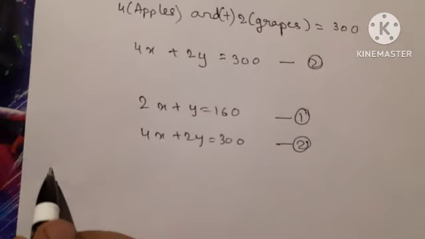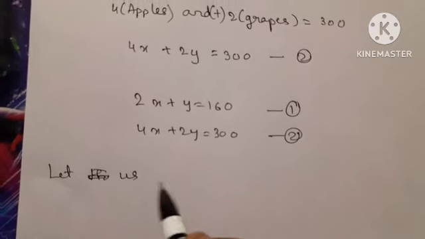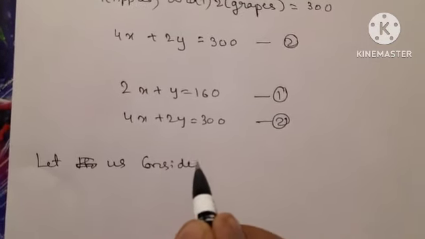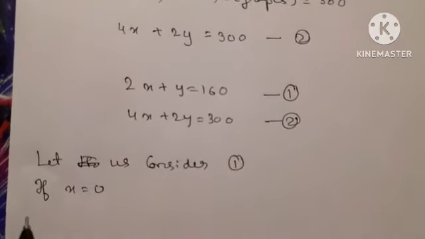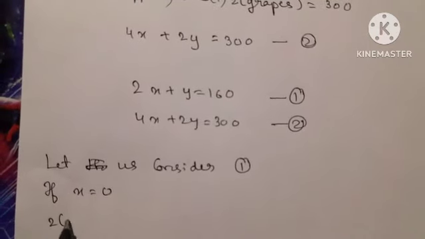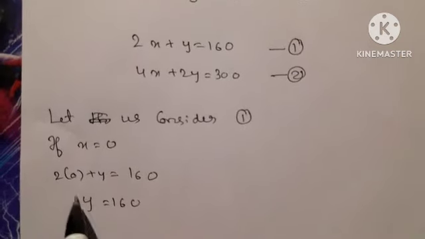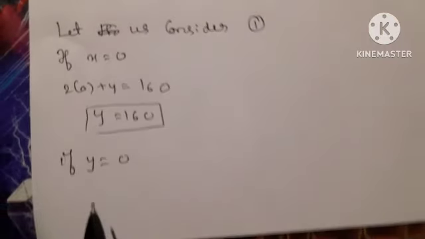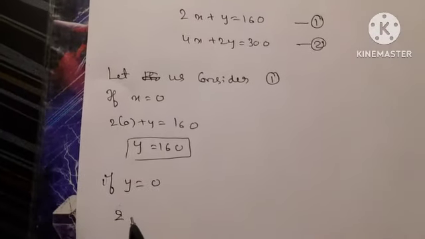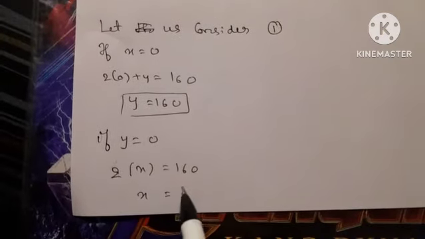So same as the first question, let us consider equation 1. If x is equal to 0, we get 2 into 0 plus y equal to 160, so y equals 160. Similarly, if y is equal to 0, we get 2x equal to 160, x equal to 80.